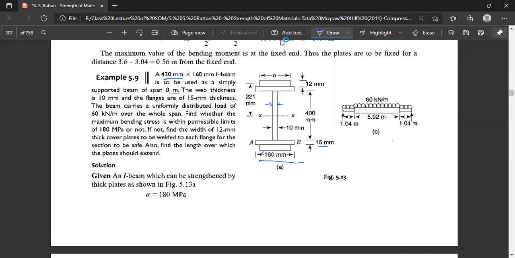Now, the beam carries a uniformly distributed load, as shown from this end to this end, of 60 kilonewton per meter over the whole span.